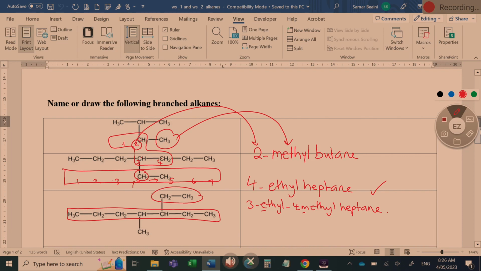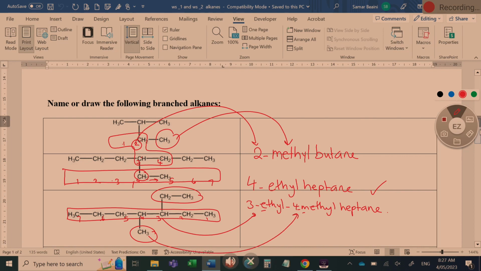Exactly. So this is my first side chain or branch. If I count from this side, then this will be position 4. But if I count from this side, the first side chain that I see is at 3. So this is why I counted from here. 1, 2, 3, 4, 5, 6, 7. So at position 3, I see an ethyl, and at position 4, I see a methyl.